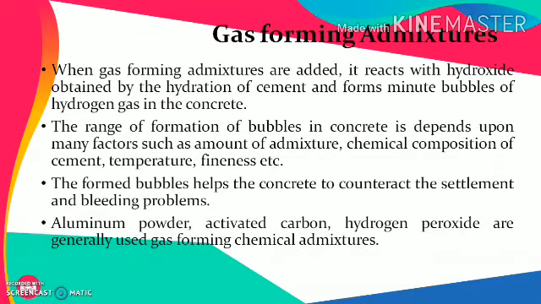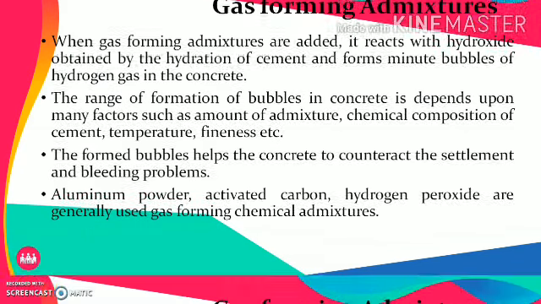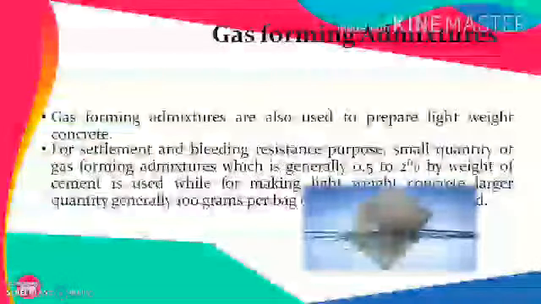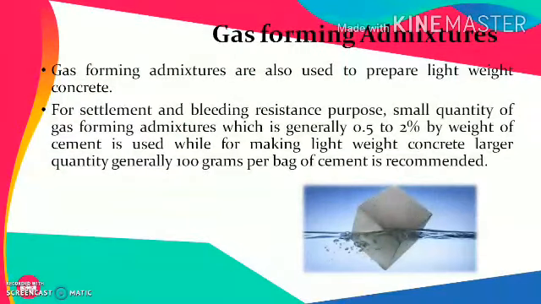Aluminium powder, activated carbon, and hydrogen peroxide are generally used as gas forming chemical admixtures in the construction industry. The different kinds of gas forming admixtures are also used to prepare lightweight concrete. This is a very recent kind of innovation and you might have seen such things in and around.